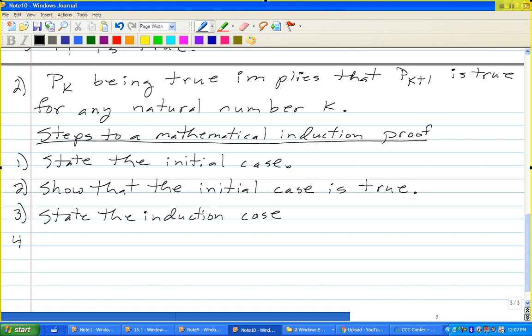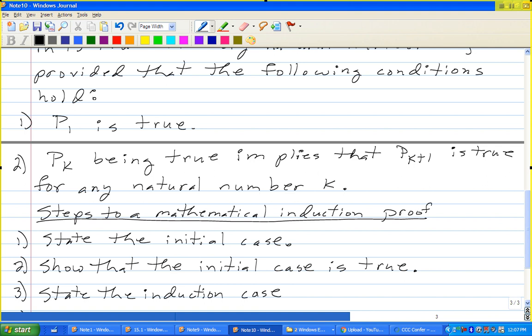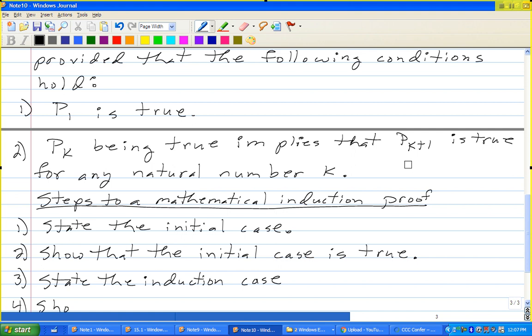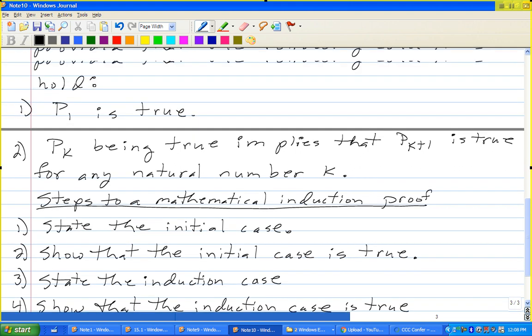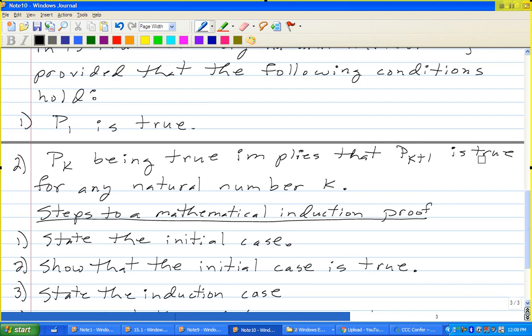Four, show. Well, actually, I guess the induction case is really: state P_k implies P_(k+1). Show that the induction case is true. So you want to show that P_(k+1) is true.